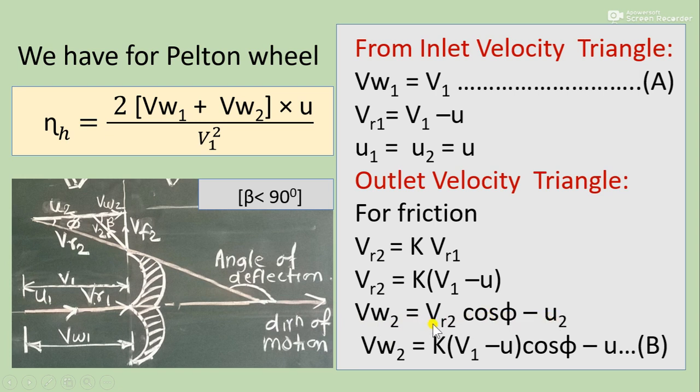So substituting Vr2 is equal to K bracket V1 minus u, we get Vw2 is equal to K into V1 minus u into cos phi minus u. So we have here two equations, A and equation B. So we can substitute these Vw1 and Vw2 in the hydraulic efficiency equation.